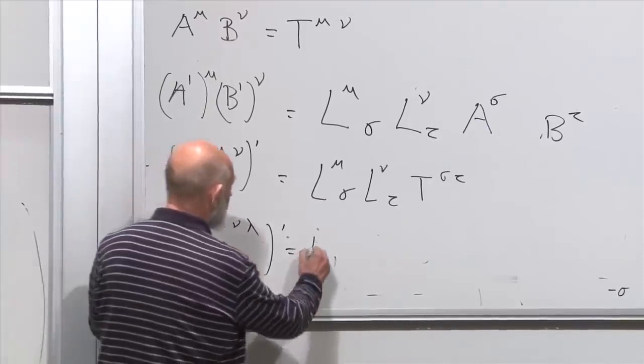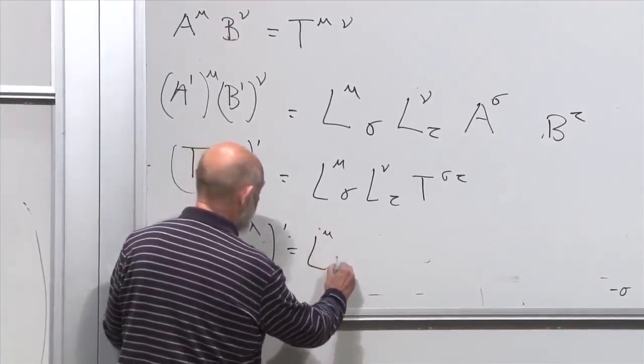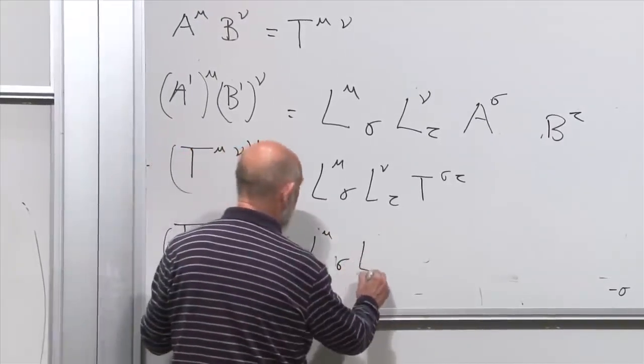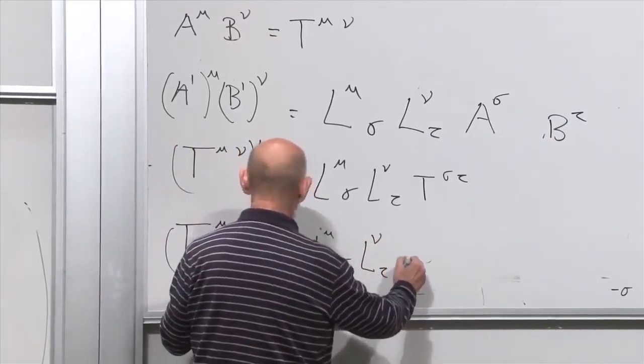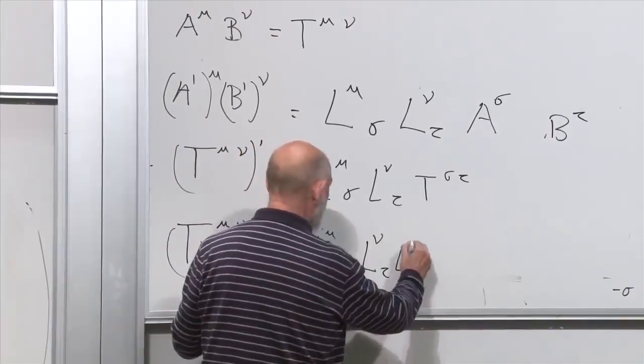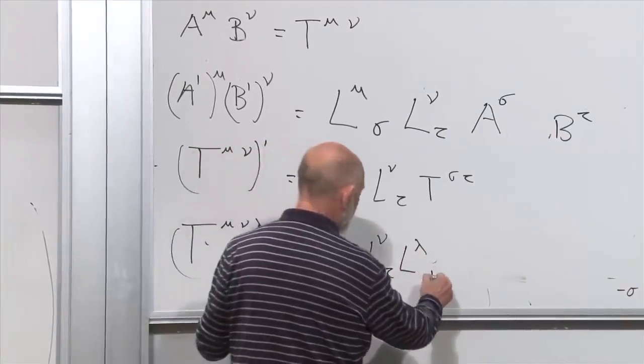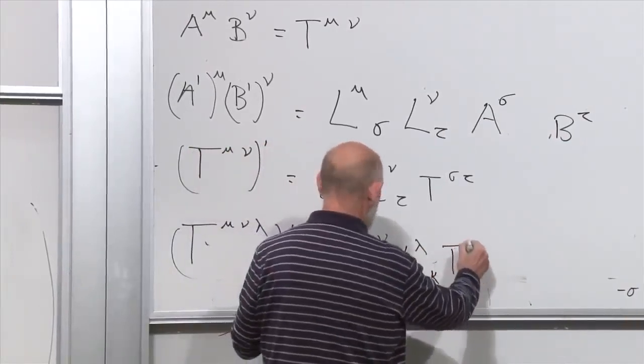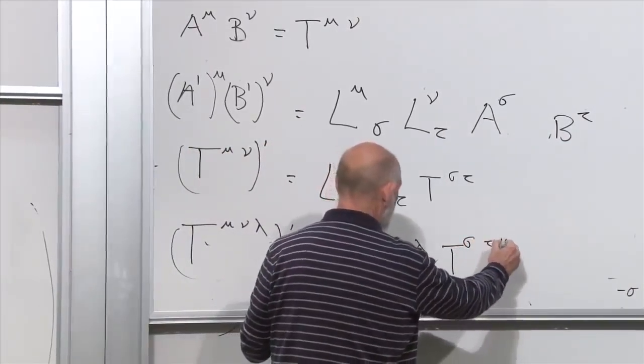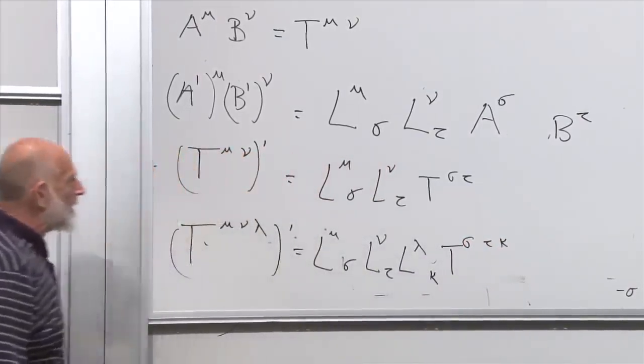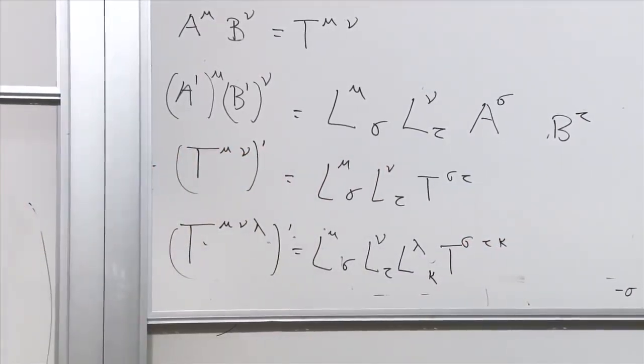For each index, it's a transformer for each index. Nu tau, and now we need one more, lambda kappa. T sigma tau kappa. That would be the general transformation property.